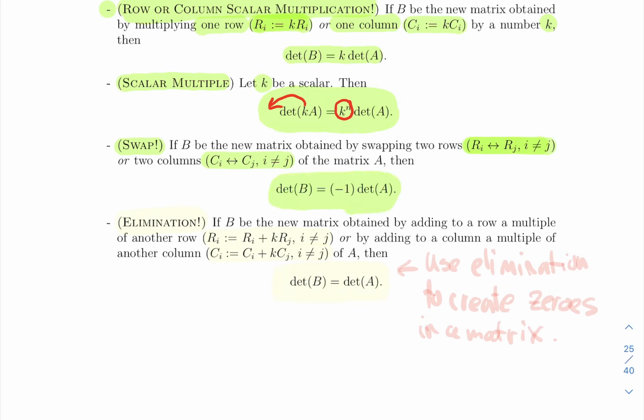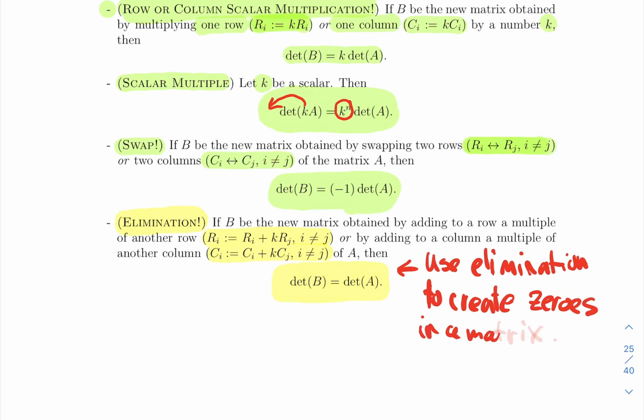And finally, but not least, I'm going to use a different color for that one. What happens when you're doing an elimination on a row or on a column and you're transforming that matrix? Well, the beautiful thing here is that it's not changing the value of the determinant. And this is such a useful property. I'm going to write a remark here: you can use elimination to create zeros in the matrix.